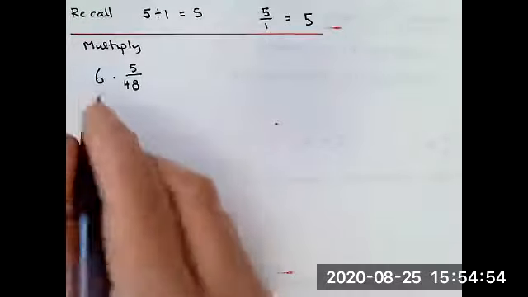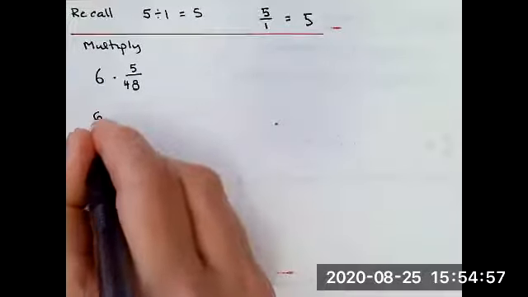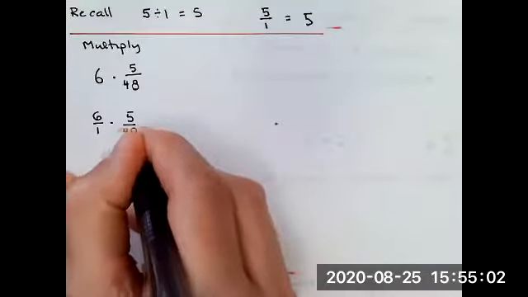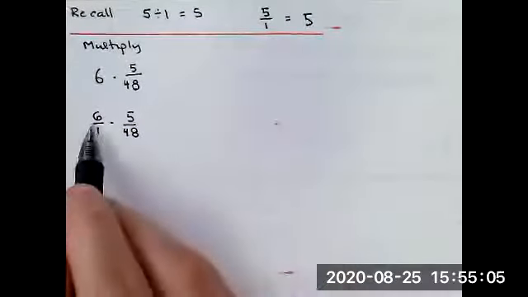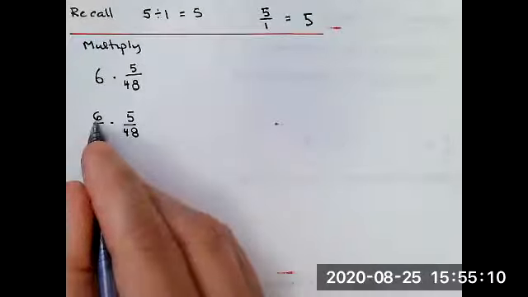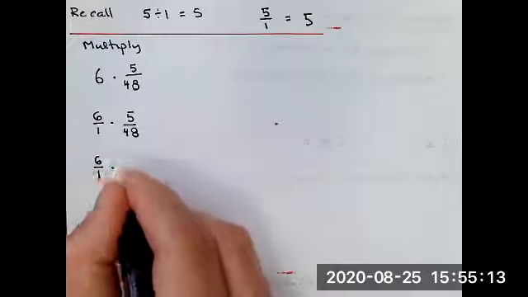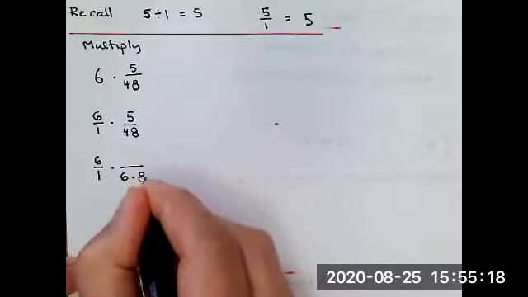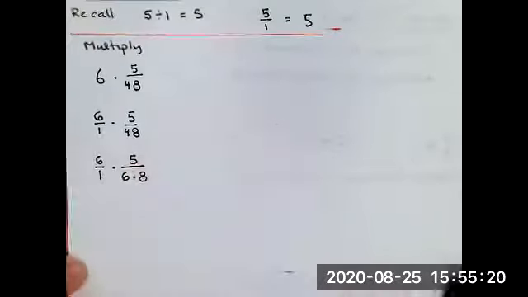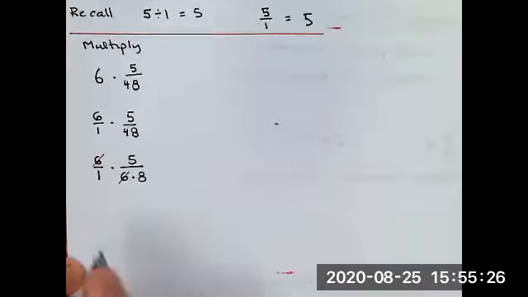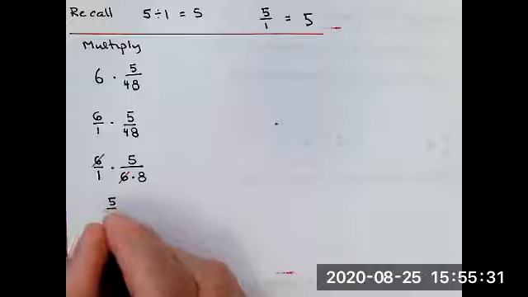So you just take your whole number and write it as a fraction. And then just like before, we reduce before we multiply. So I would break down that 6, but because I've noticed that it goes into 48, I'm not going to bother, because 6 over 6 is equal to 1. 1 times 8 is equal to 8. So we just get 5 over 8.